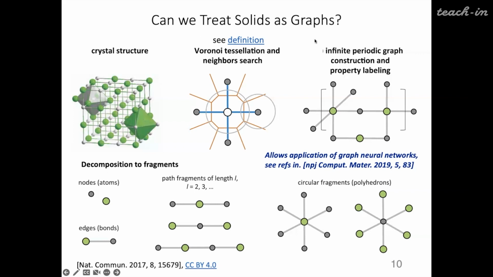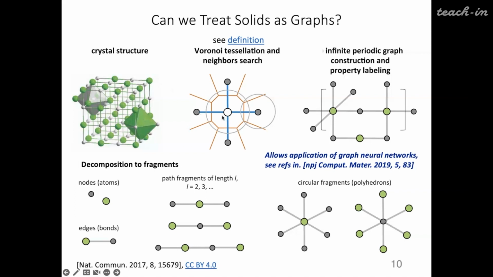This is a general mathematical procedure, and it's used in many fields of science. So it can be used in this field here as well. In such a way, we partition the space in a given crystal cell into regions assigned to atoms.